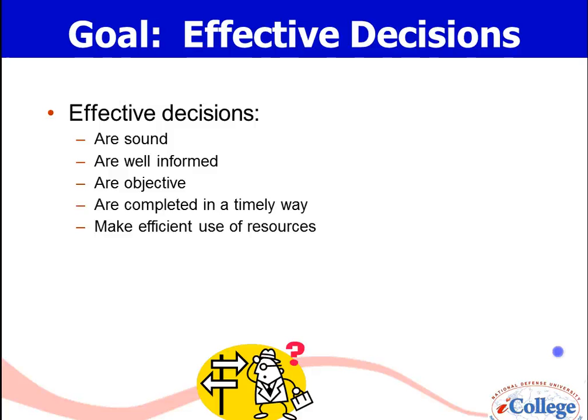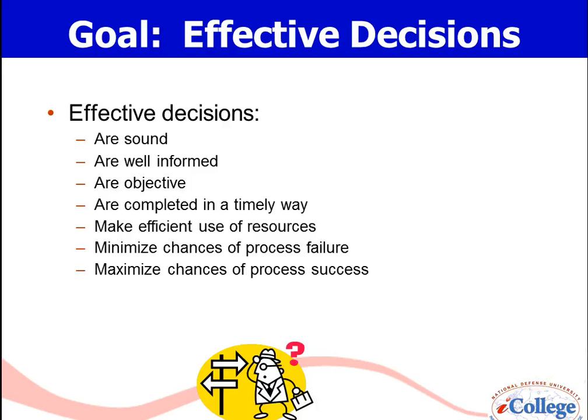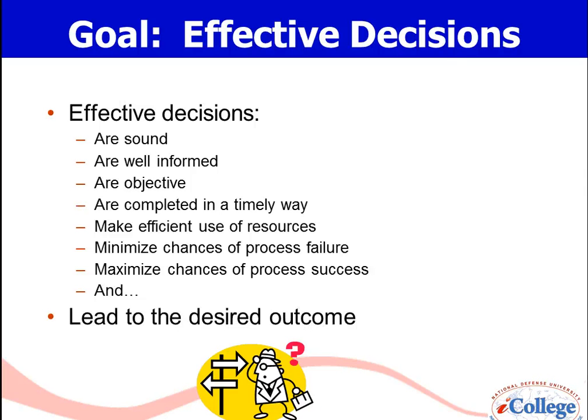That makes efficient use of resources, that minimizes the chances of process failure, because in the case of information technology, we're often involved in processes, and an optimum solution in one particular case may have consequences in the process itself in future cases. So you want to minimize chances of a process failure and obviously maximize chances of continued process success, and leads ultimately to the desired outcome.